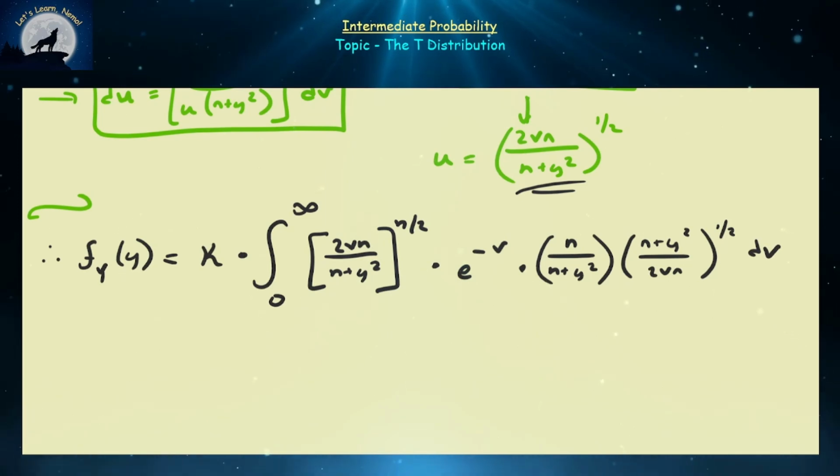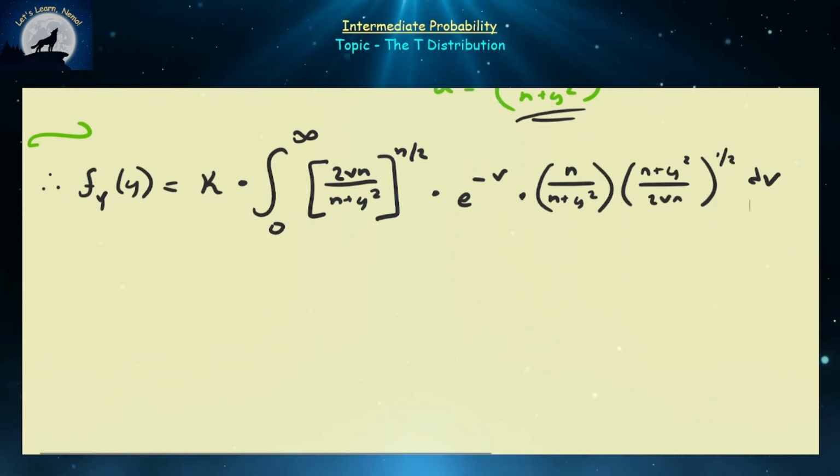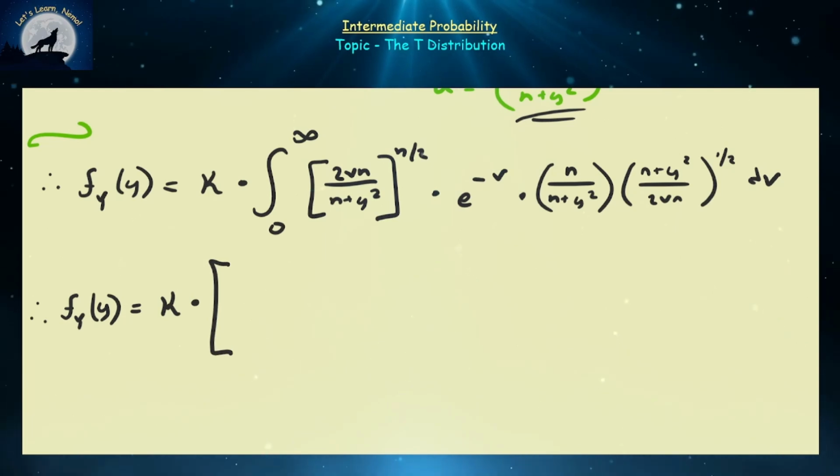So that's going to be our integral, and now we're just going to shift things around. Keep in mind this is an integral with respect to v, so anything with y only can come out. Anything that doesn't have v or y can also come out. So we can write this as f_Y of y equal to our constant k times a lot of different moving pieces.